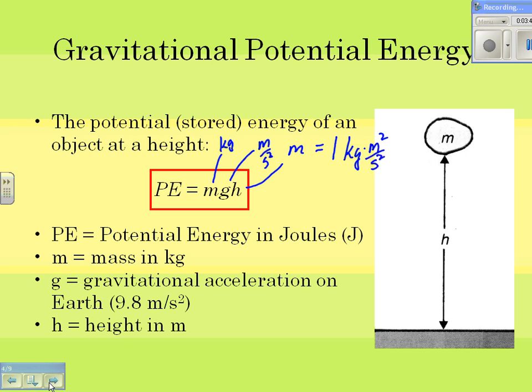That's really quite a mouthful to say, and it's not very useful to refer to something as having 50 kilogram meters squared per second squared. It'd be hard to understand what that even meant. So we defined this as being equal to 1 joule. Just like a Newton in the last chapter was an abbreviation for what we get when we multiply mass times acceleration, joule is an abbreviation here.